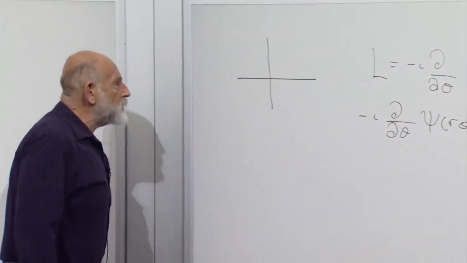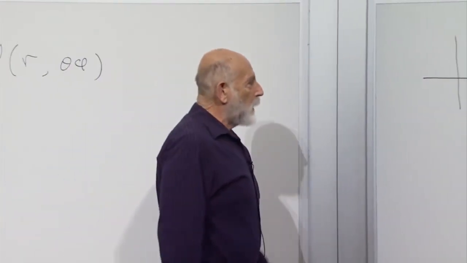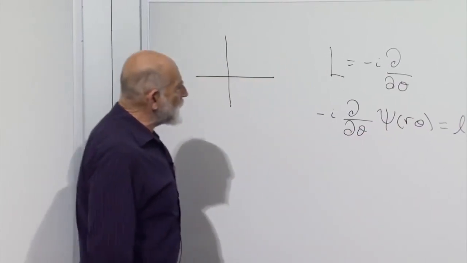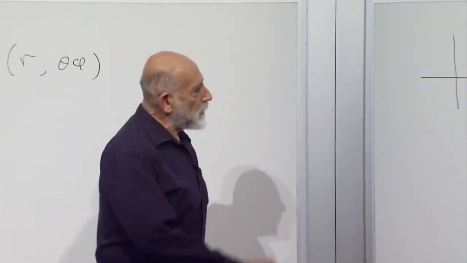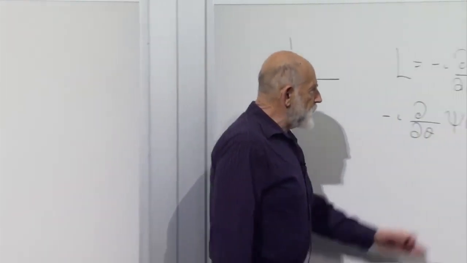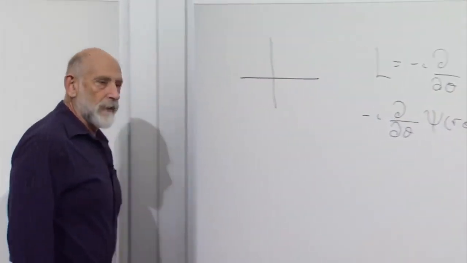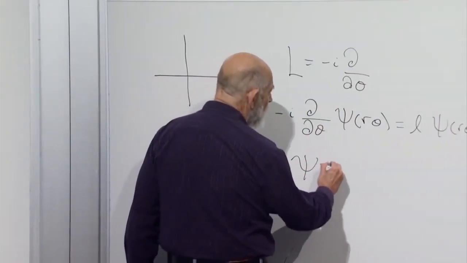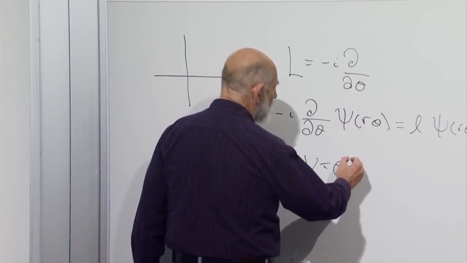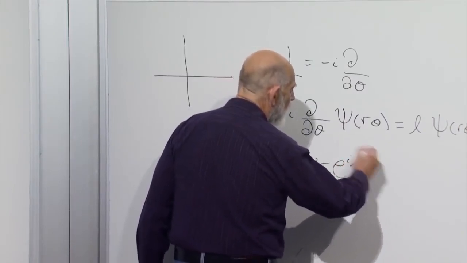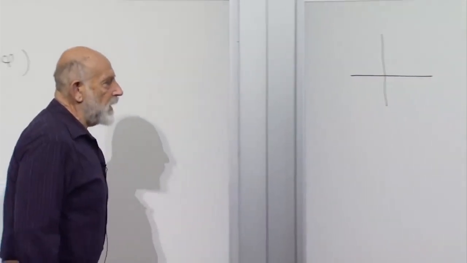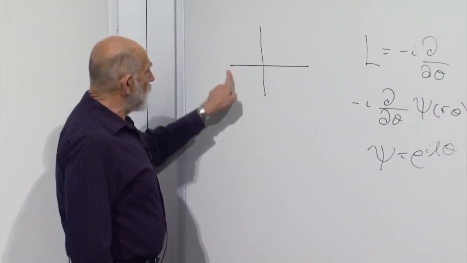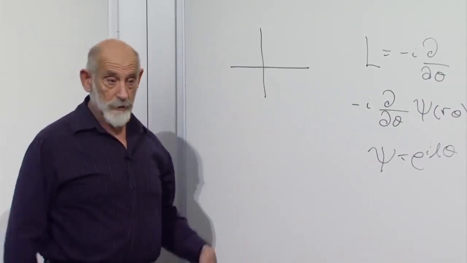It's a little differential equation, and it doesn't really depend on r. R is just a spectator here. The derivative is with respect to theta, so this is an equation about the theta dependence. We know what the solution of equations like this is: psi equals e to the i L theta, where L has to be an integer in order that the wave function comes back to itself when you go around the closed curve.